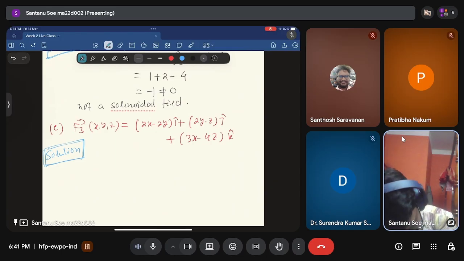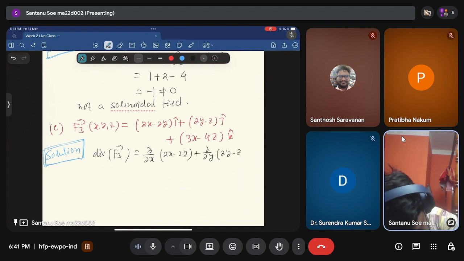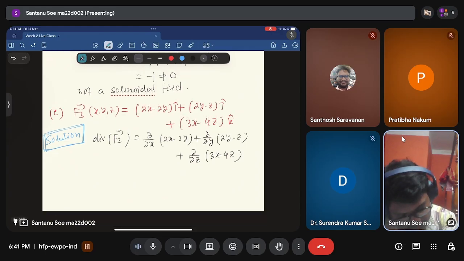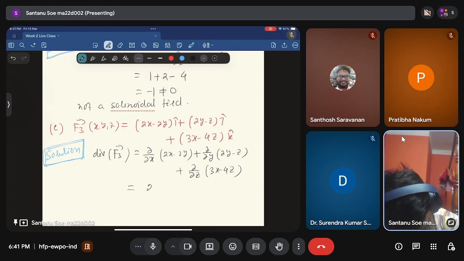so here divergence of F3. So this is going to be del x of 2x minus 2y plus del y of 2y minus z plus del z of 3x minus 4z, right? So this will be 2 plus 2 minus 4, which is 0.